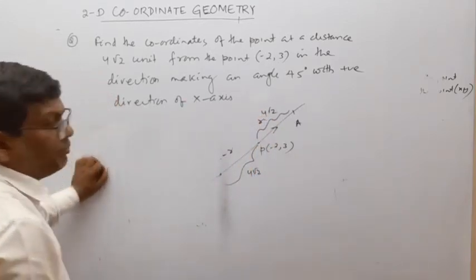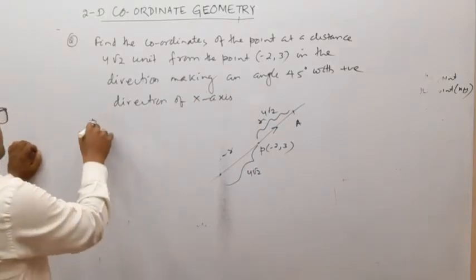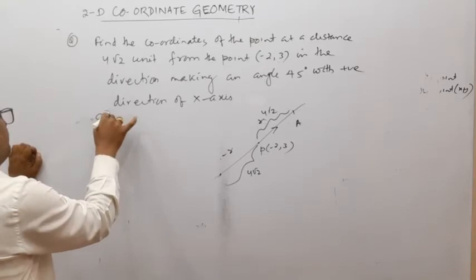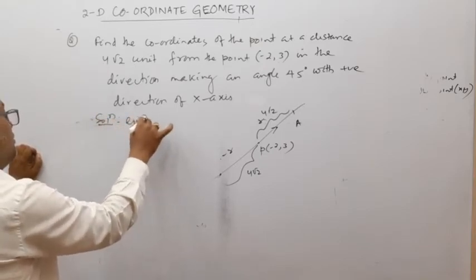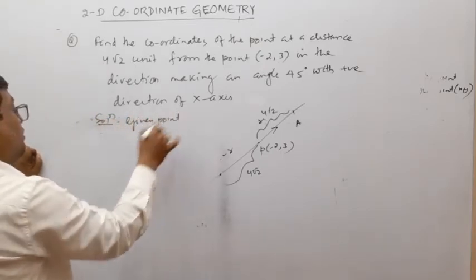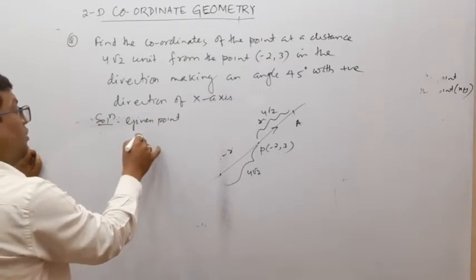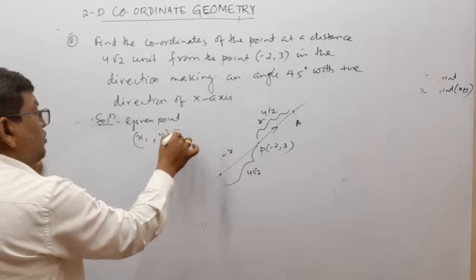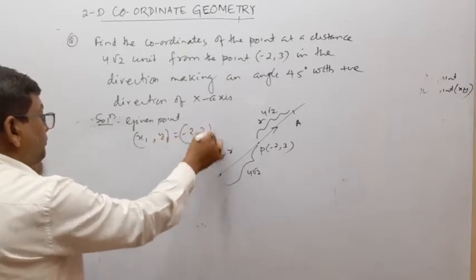By definition of the parametric equation, given point x1 comma y1 is equal to minus 2 comma 3.